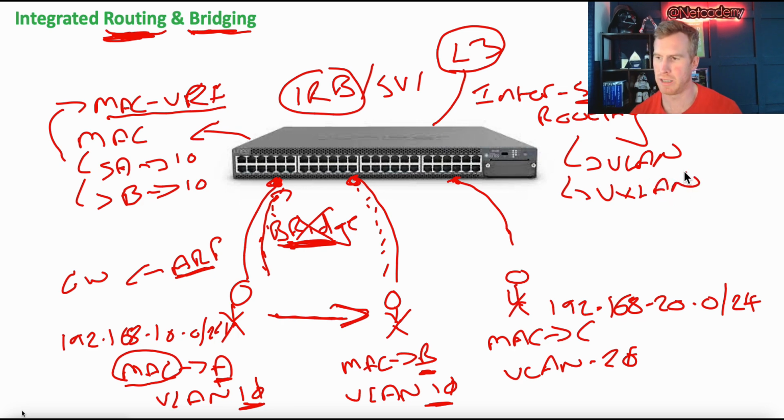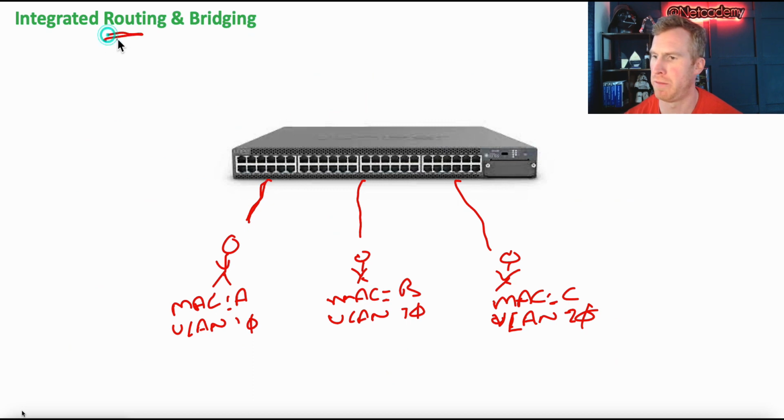However you want to think of it, to me it really doesn't matter. That routing, the IRB, is a layer 3 interface, as I've said, that allows us to route from user A all the way over to user C. So to provide that routing function, we need that layer 3 interface.